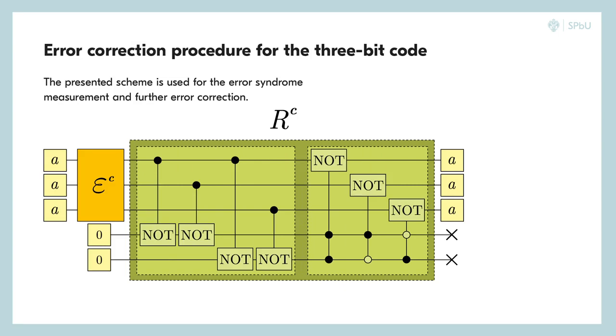It's easy to show that the first Toffoli gate corrects an error in the first bit, the second one corrects an error in the second bit, and the third one corrects an error in the third bit. Of course, the error syndrome has to be used. We note that this scheme allows one to restore the whole code word at once.